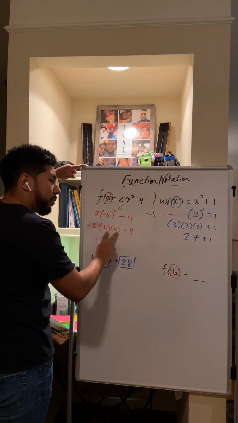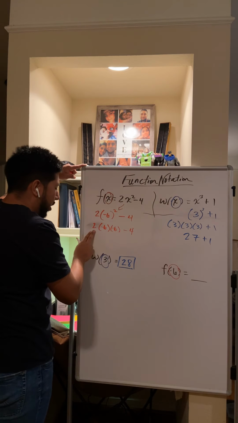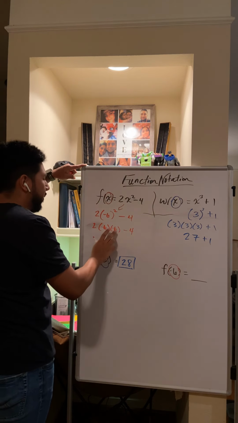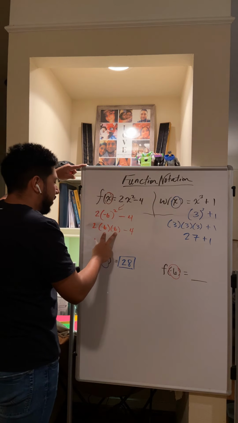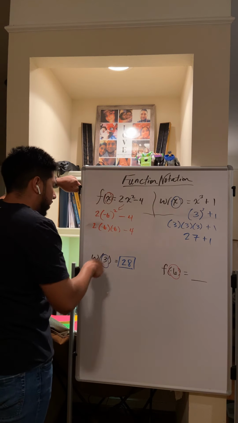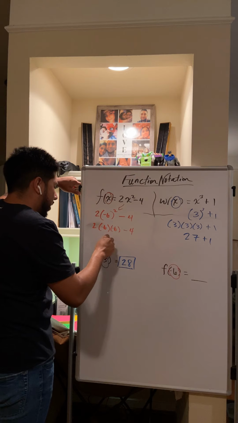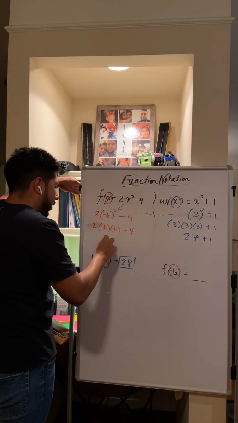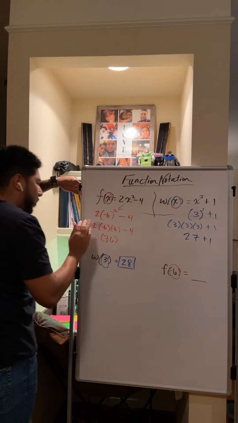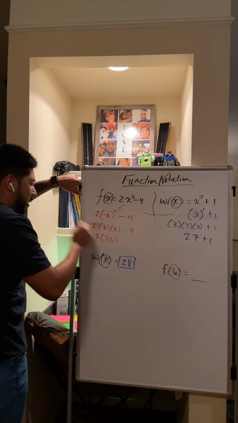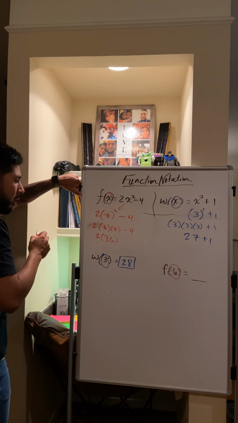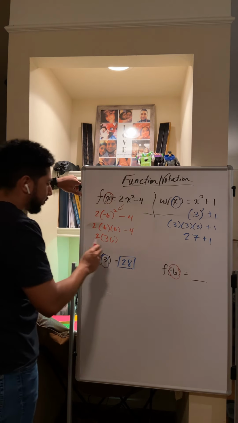I want to do the parentheses first. Don't worry about this 2 till the end of it. Let's do -6 times -6. 6 times 6, negative times negative, that's positive 36. I'm leaving it in the parentheses because of the 2. All right.